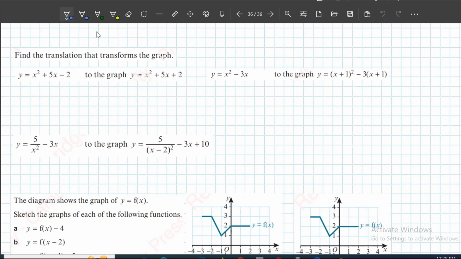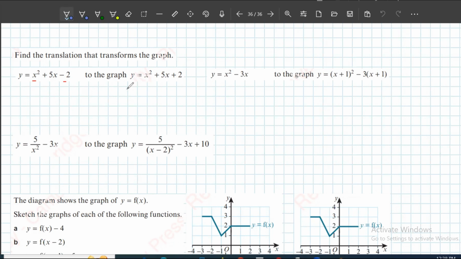If you check the first one, that is x squared plus 5x minus 2, and after the transformation we have y is equal to x squared plus 5x plus 2. So the first two terms are the same, they are changing only in the last one. It means 100% sure we have a y translation.